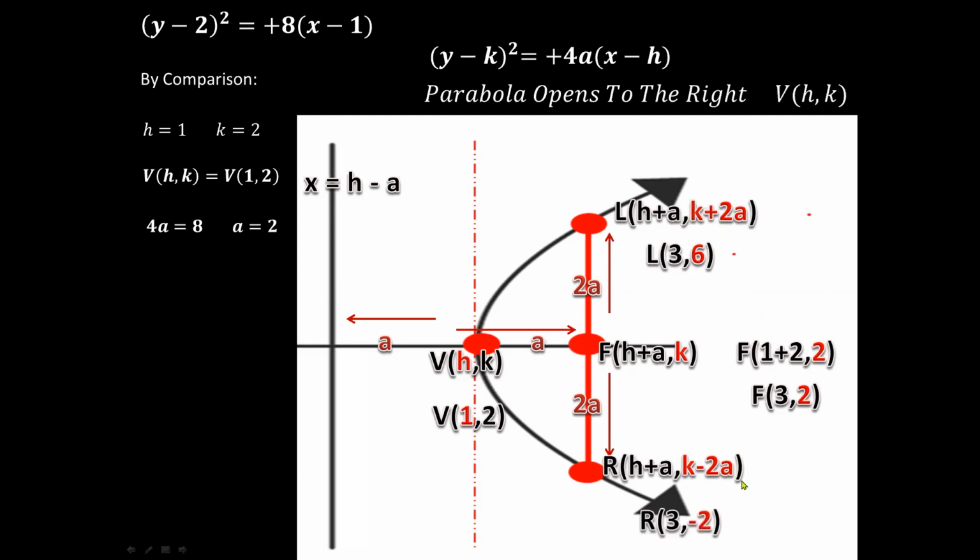At the bottom, I'm going a bit faster. We have 3 and negative 2. You already know what to do there. 3 and negative 2. And with this, x is equal to negative 1. Why? H is 1, minus A is 2. So 1 minus 2 is negative 1.